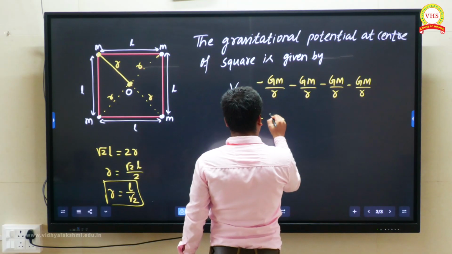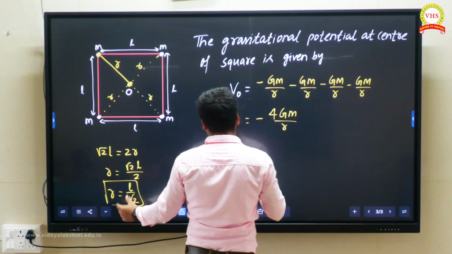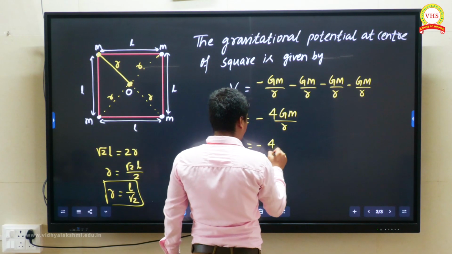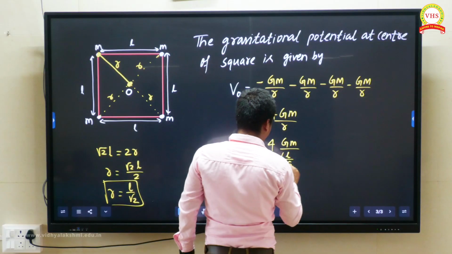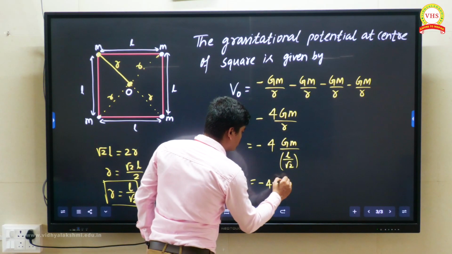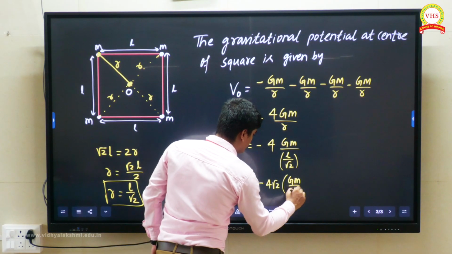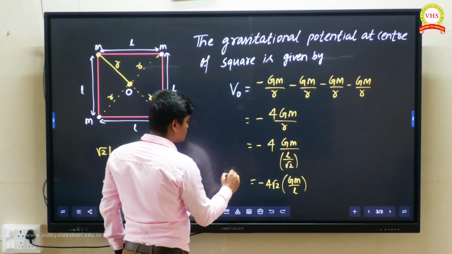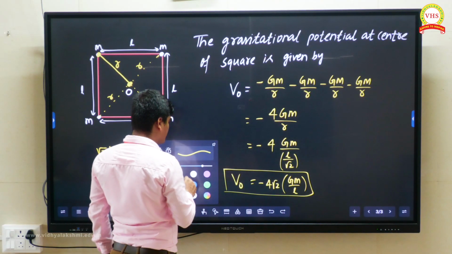Minus 4 Gm by R. And R value already you know. Substitute here. Minus 4 Gm, R value is L by root 2. Now root 2 will go up. So minus 4 root 2 into Gm by L. Yes or no? So this is your potential at the center.